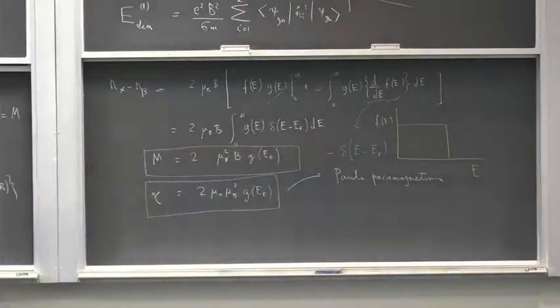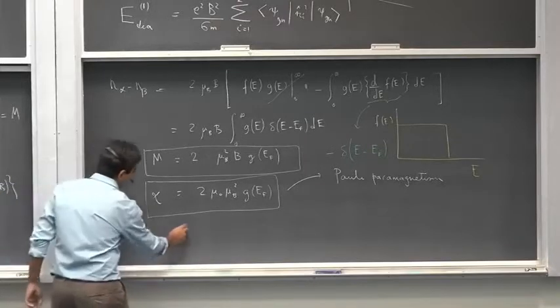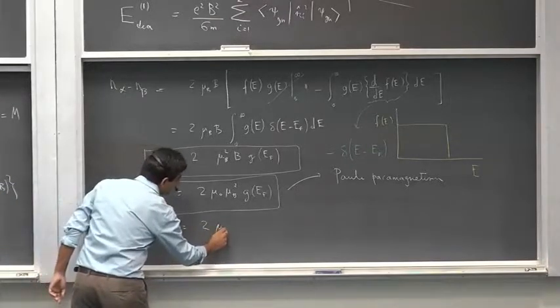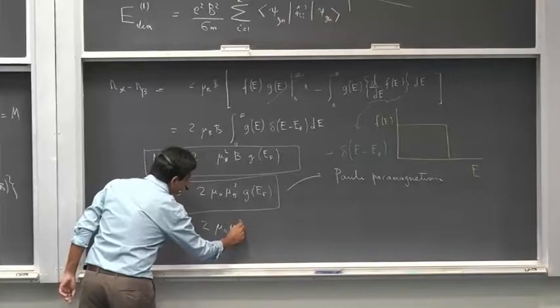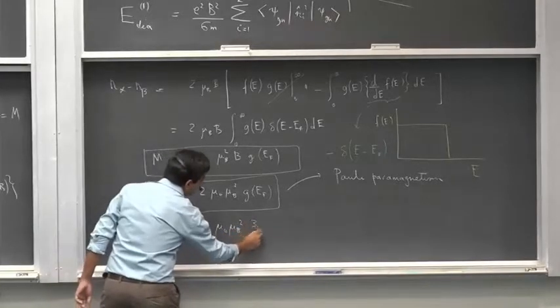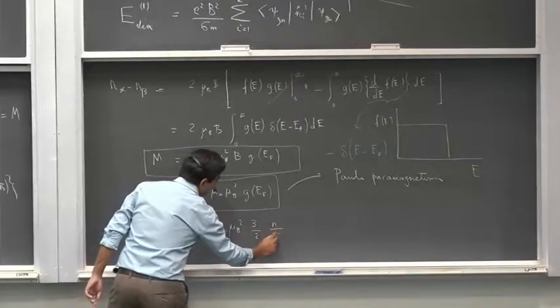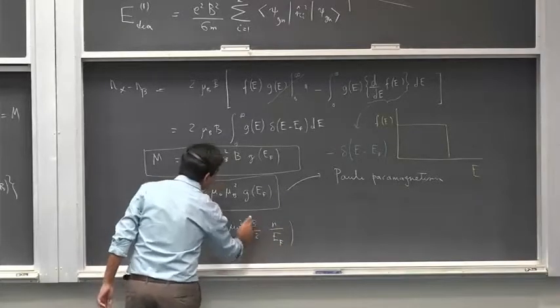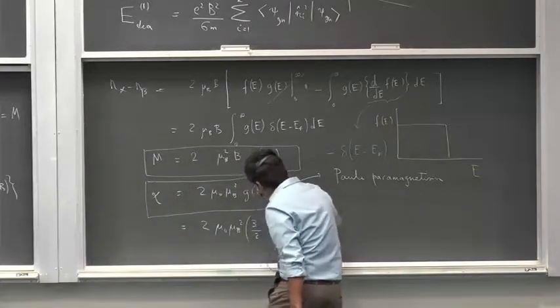So if I would like to write this in its final form, this equals (3 over 2) mu naught mu B square times n over E F. This is a relationship that comes from basic solid state physics.